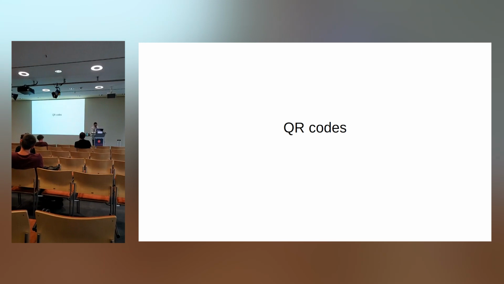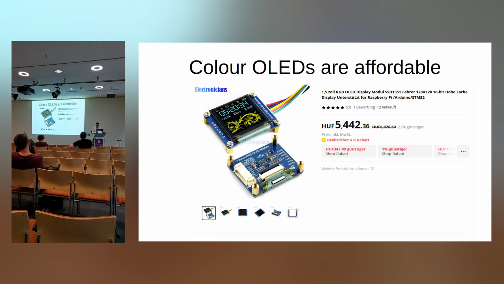And then last but not least, for our friend here who had the idea with the QR codes, please an applause for him. He could read my mind. He reads my mind. When push really comes to shove, you can take a color OLED.